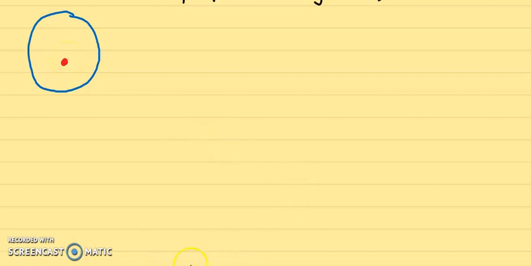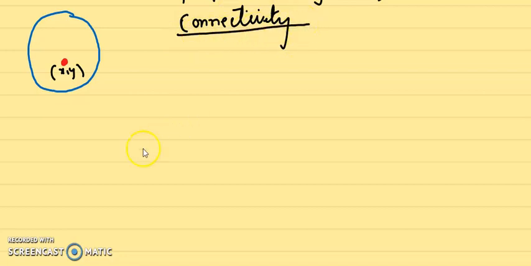So how is my algorithm going to proceed? Please listen very carefully. My pixel is out here, that is x, y. I need to move further to the next pixels, and to know the next pixels, we move on to the concept of connectivity, a very important concept.